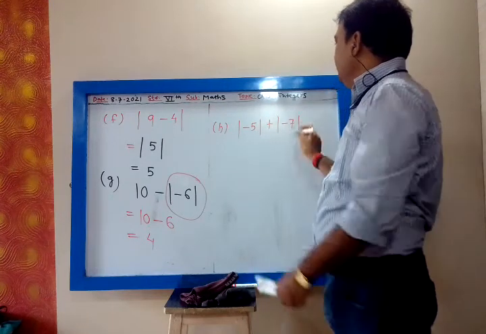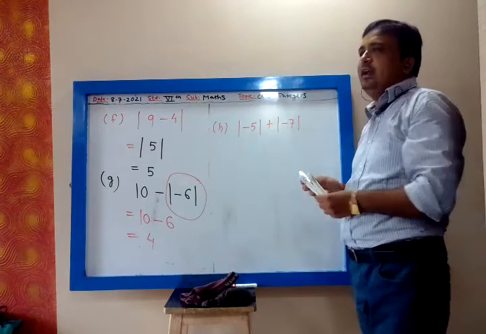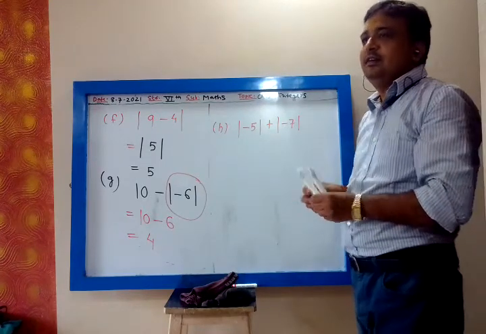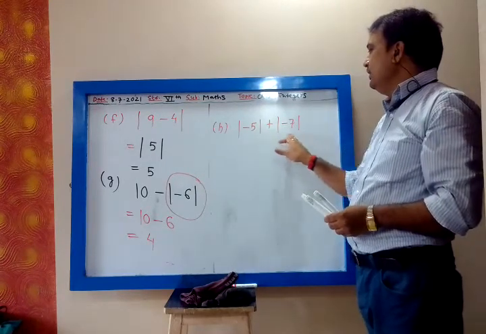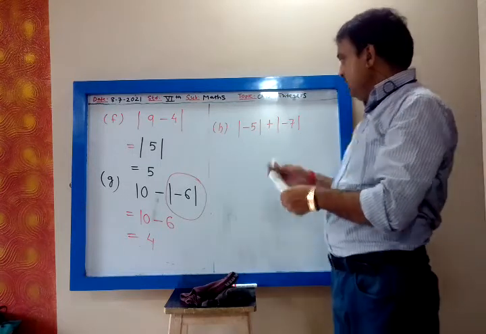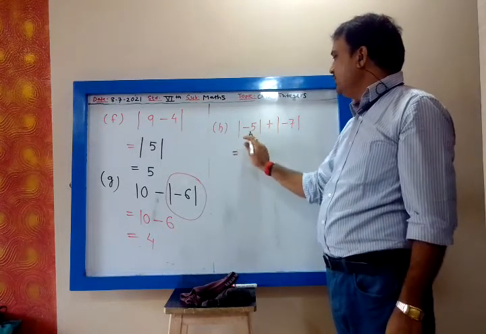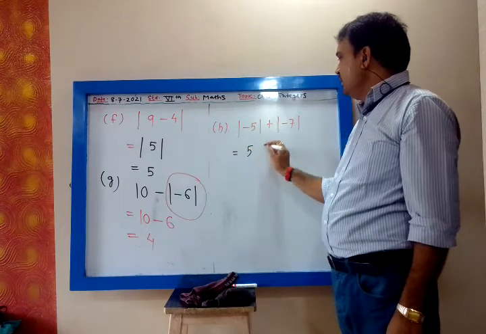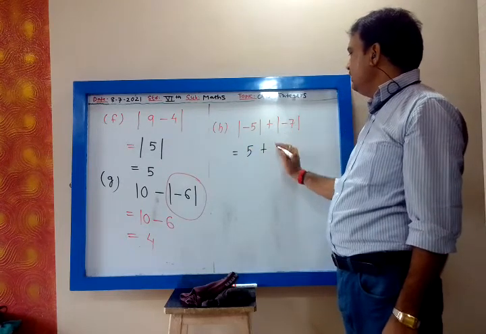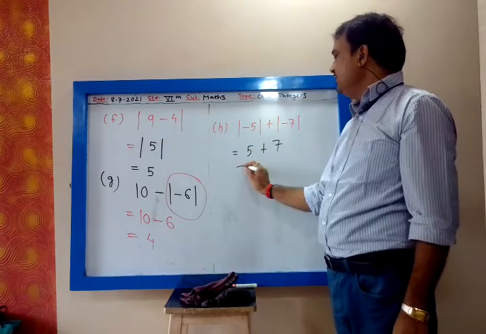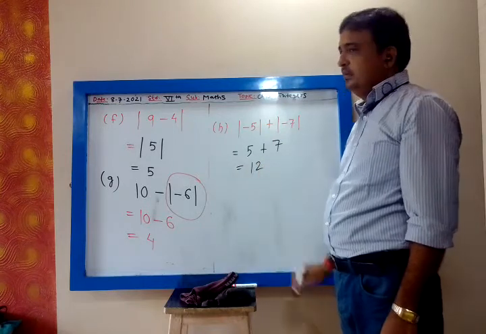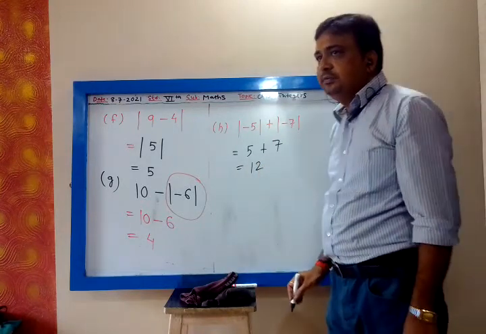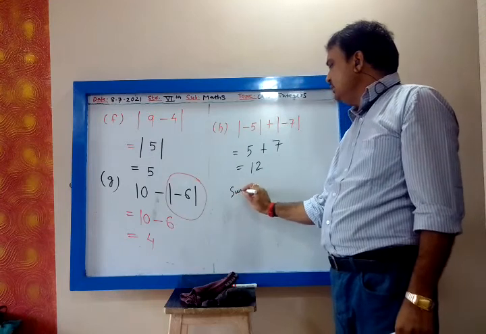See, this vertical bracket means absolute value bracket. Don't consider your normal bracket. Absolute value means vertical bracket. So let us solve this. Absolute value of minus 5 is 5 plus absolute value of minus 7 is 7. 5 plus 7, answer is 12. Okay.